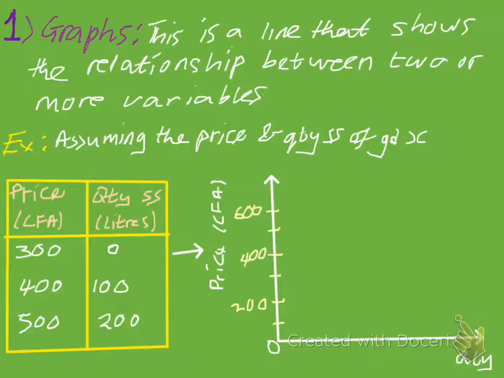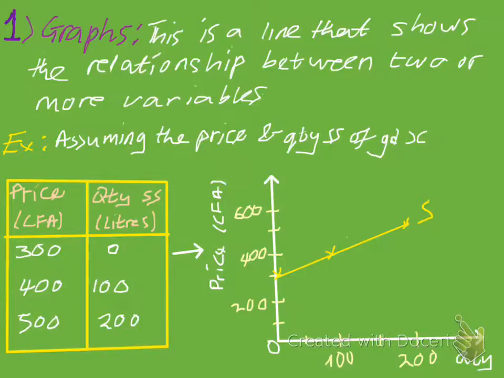The horizontal axis measures quantity. This is the x-axis, from 0 to 200. We're plotting price 300 against 0, 400 against 100, and 500 against 200 quantity supplied. This will give us a straight line supply curve.